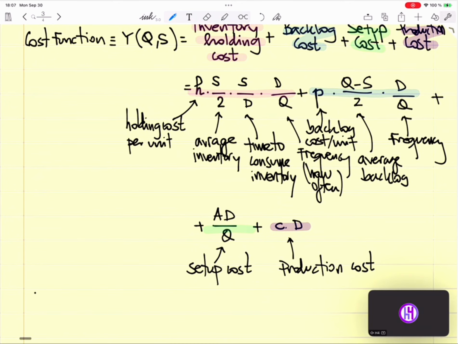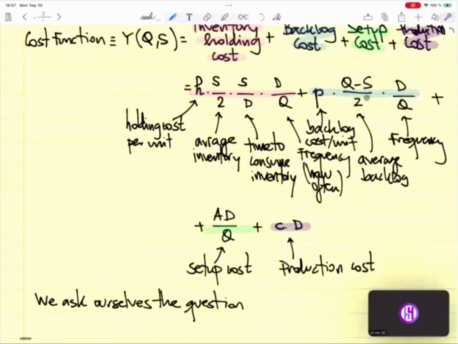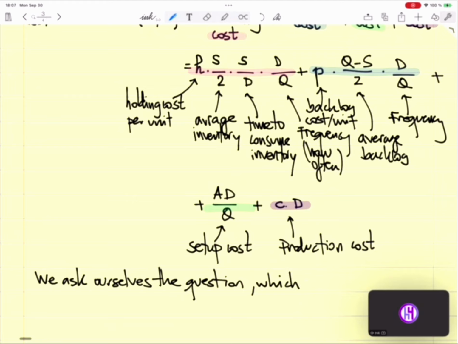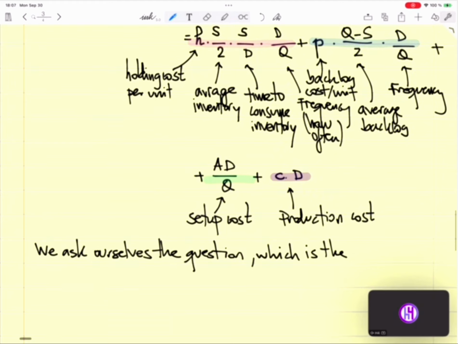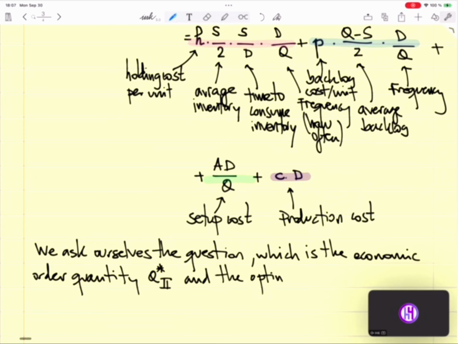Okay, so we ask ourselves the question: which is the economic order quantity Q star 2 and the optimum inventory after delivery S star 2.